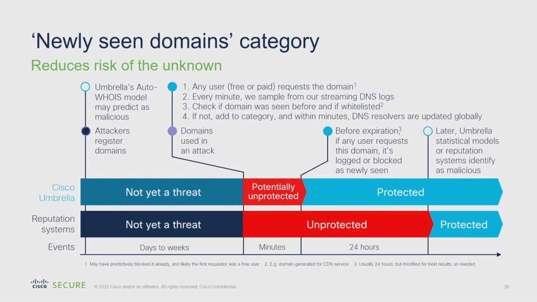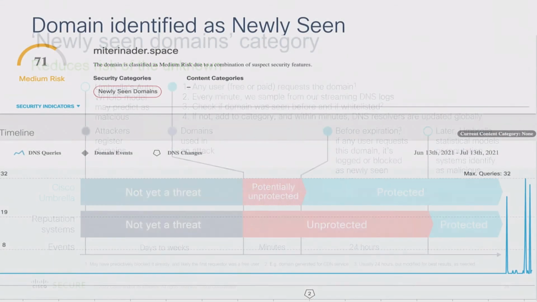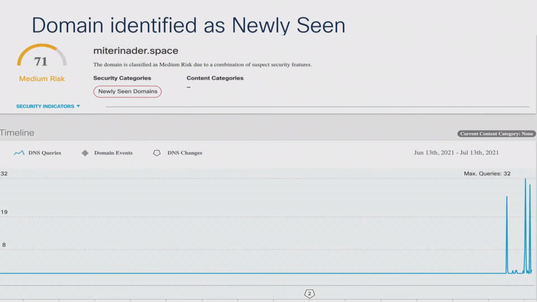So you can study it and identify those regular DNS requests, and anything that is different from what you've seen before will be blocked and passed for inspection. And inspection can be done either by automated engines, or you can escalate it to your SOC analyst who can make a much more informed decision. So with this approach, for example, we got a domain that was identified as newly seen, and then we passed it for inspection to our SOC analyst.